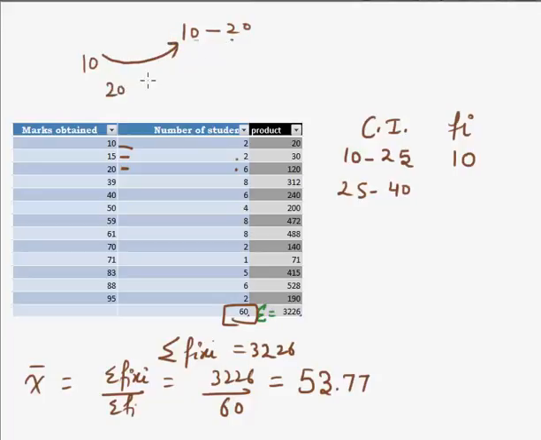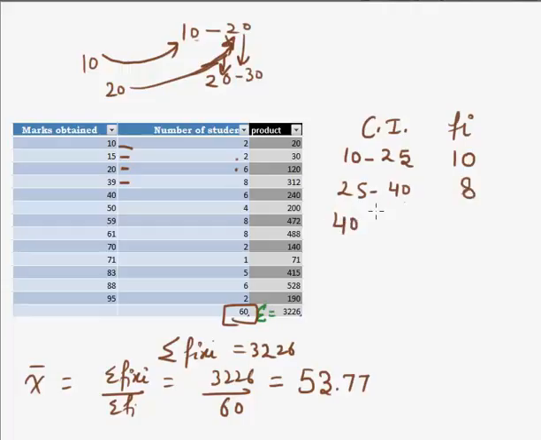But if we have to insert 20, then 20 will belong to the interval after this interval, that is in the interval 20 to 30 and not in the interval 10 to 20. So for the interval 25 to 40, the corresponding observations are 39 only and not 40. So the frequency will be 8.